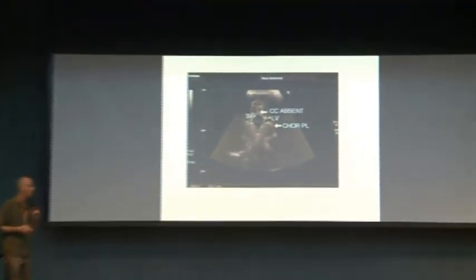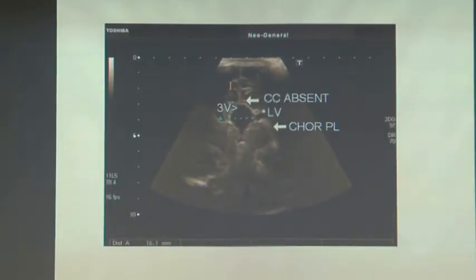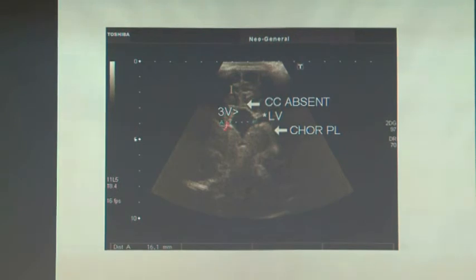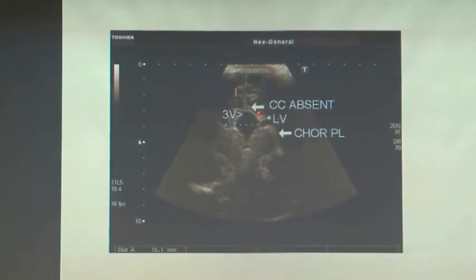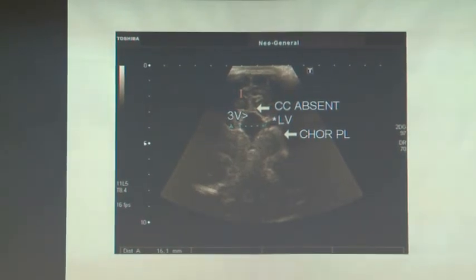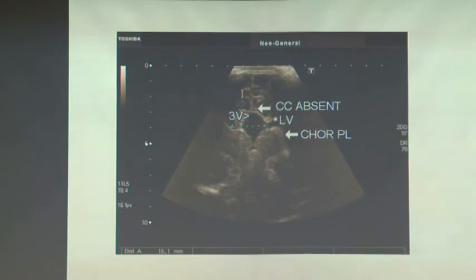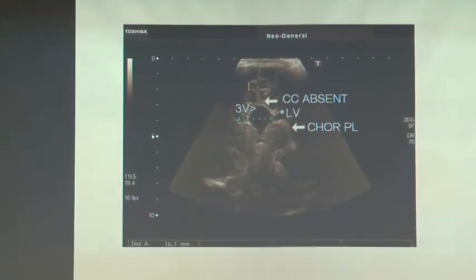In fact, you can tell before birth, because nowadays this is an ultrasound image of a pregnant mother, and the fetus in the womb here. Not to you or me, but to a radiologist, a gynecologist looking at this image, you can diagnose absence of the corpus callosum in utero before birth.